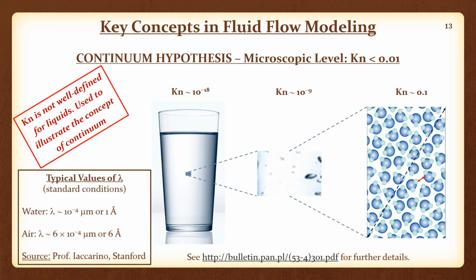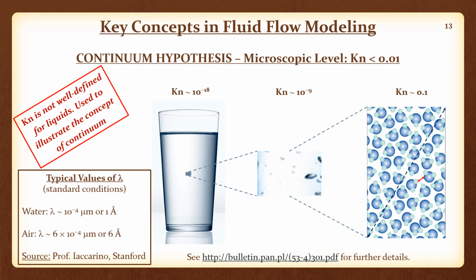So if you look at typical values of lambda, you can look at for what kind of length scales the continuum approximation will typically be valid for these systems. For water, keep in mind that since water is a liquid, the mean free path is not very well defined, but it is of the order of 1 angstrom. And for air, we are looking at say 6 angstroms.